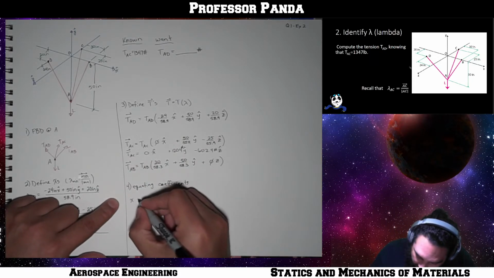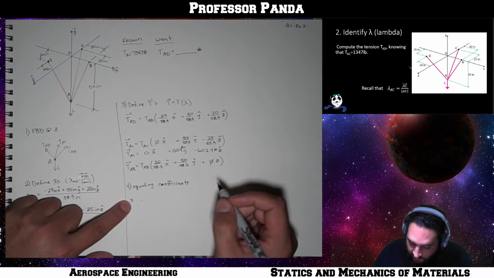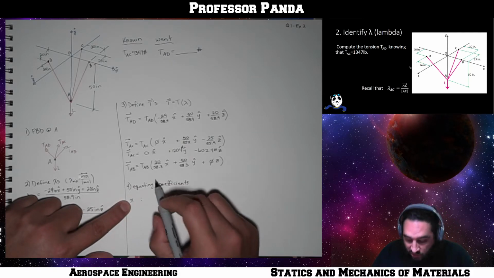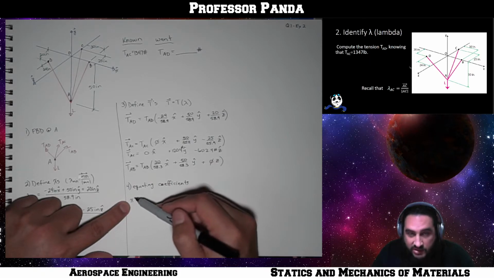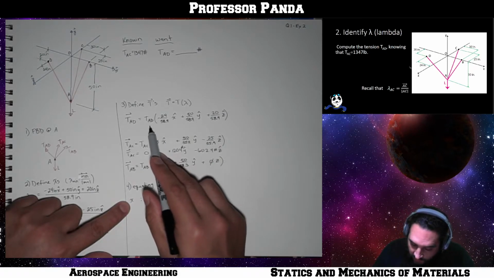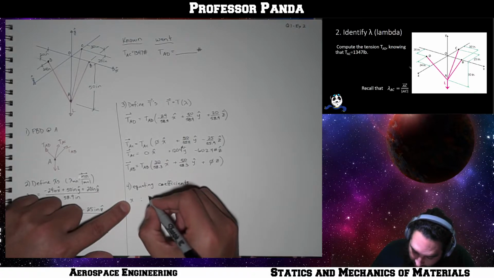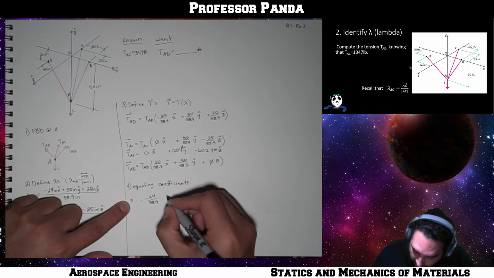So all of the x equations are going to be here. And so when I do this, I'm going to drop off the x hat because I'm only dealing in the x direction. This is the x equation. So we have negative 24 over 58.9 TAD.